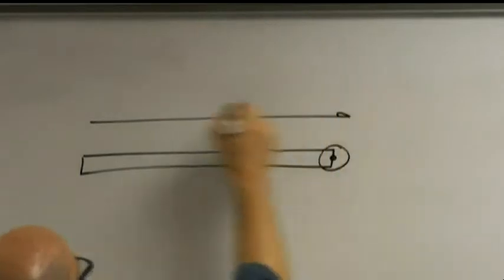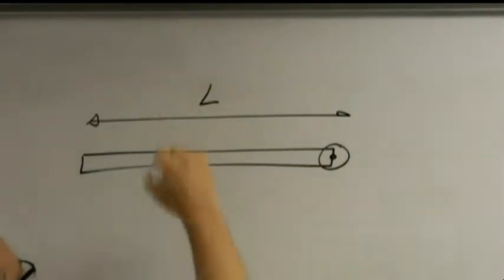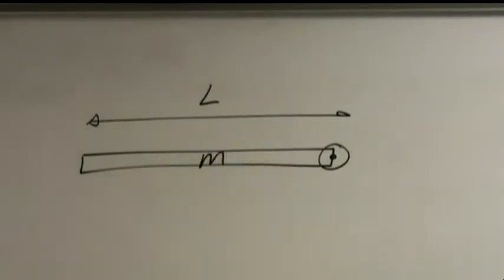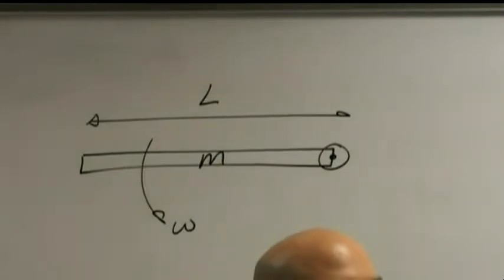Let's say the length of this thing is L, and the mass here is M, just for our first time through. It's pivoted right there, and at that instant I let go, so it's going to fall this way. My question is, at this instant, what's the angular acceleration?